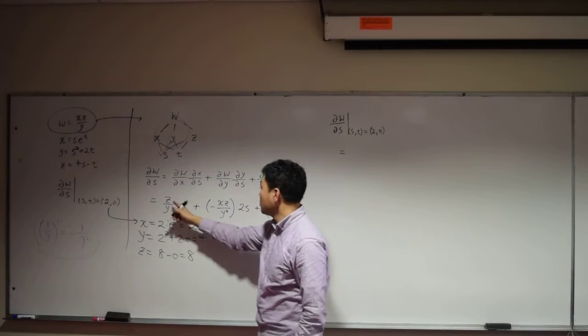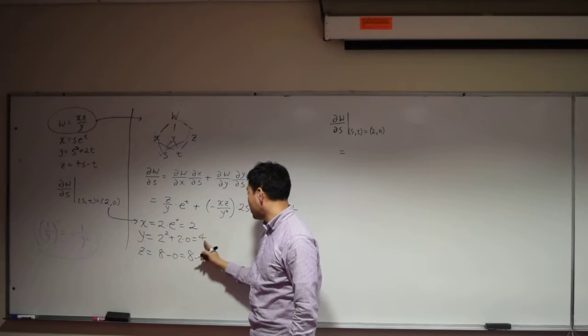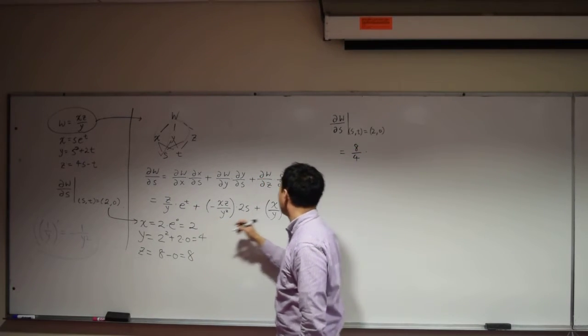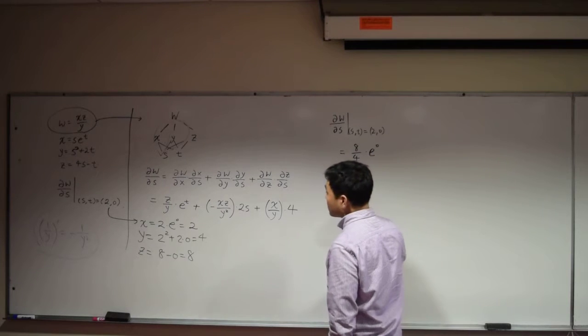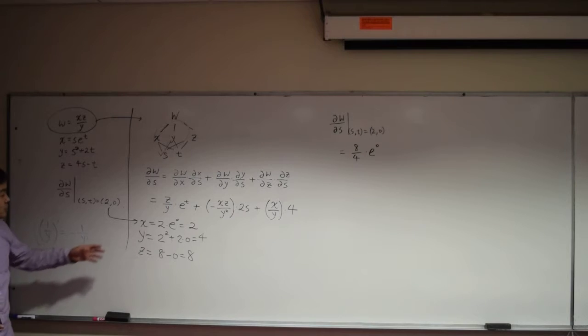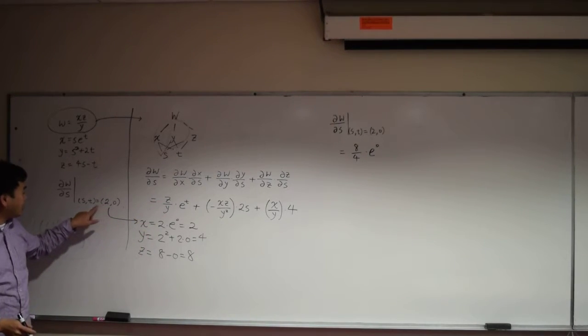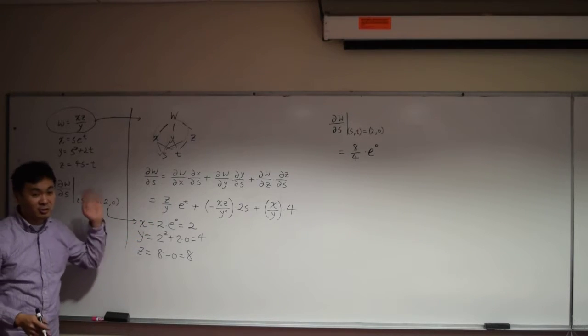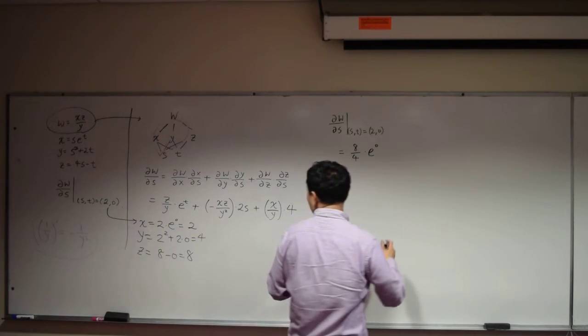Okay. So therefore, if we compute ∂W/∂S at (s, t) equal to (2, 0), this is what I'm getting. Z over Y is 8 over 4 times e to the 0th power. Now all you have to do is plug in all these values. Every time you see some variable here, go back and see what those are. S is 2, T is 0, X is 2, Y is 4, Z is 8. You just plug them in, okay?